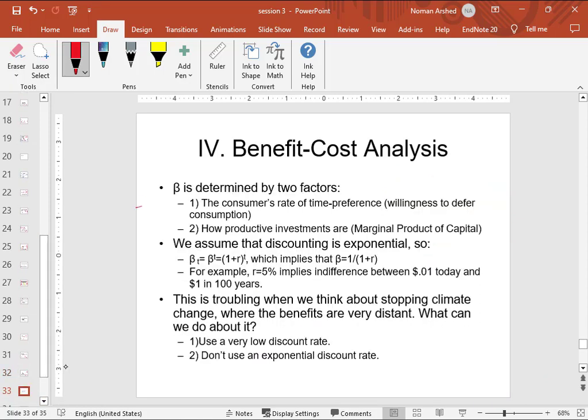So what are the determinants of this discounting factor? First is consumers rate of time preferences, the willingness to defer consumption, यानी वो आज कितनी consumption छोड़ने को तैयार है, willingness to defer consumption, and how productive investments are, यानी वो जो consumption छोड़ेगा वो जहाँ invest होगी तो investment returns कितने हाई हैं. यानी वो ये सोचेगा कि let's suppose I have 10 units of food and I consume 5 today and defer the remaining 5, and that 5 will be invested.